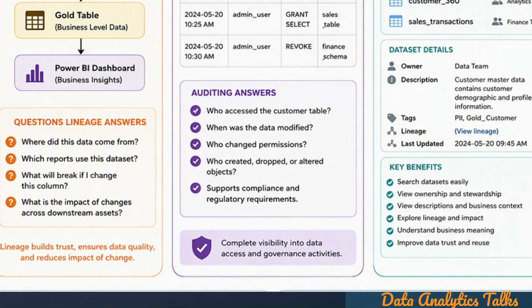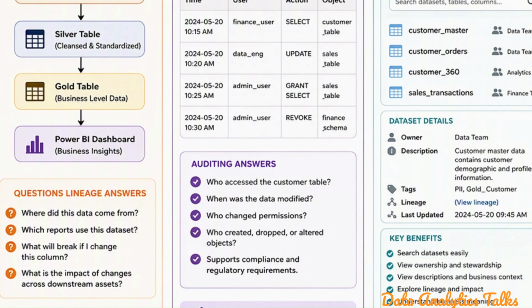It supports compliance and regulatory requirements. In short, auditing answers who did what, when, and on which data set.